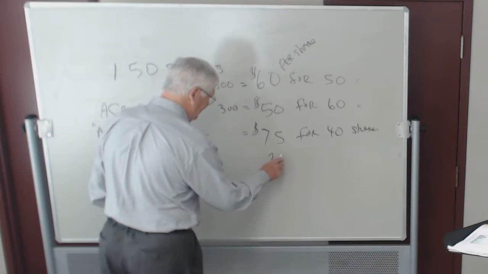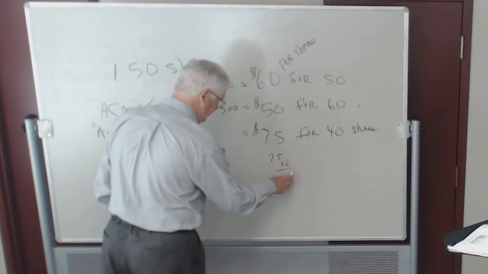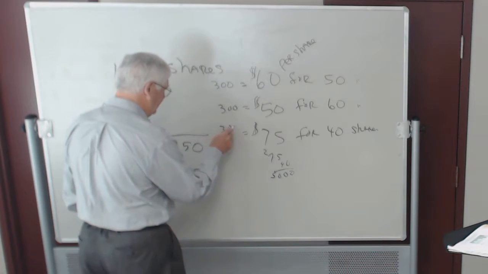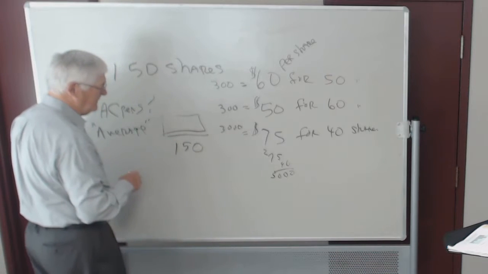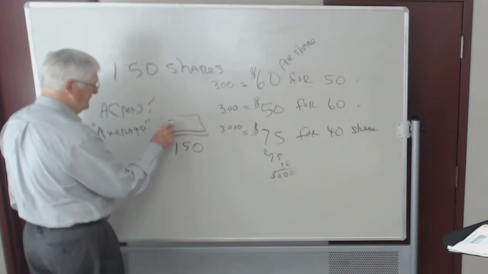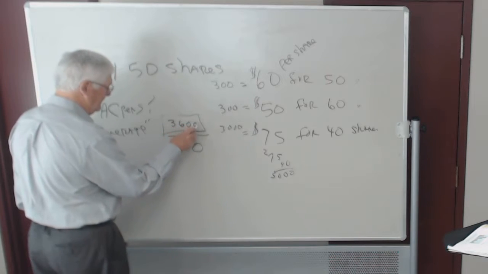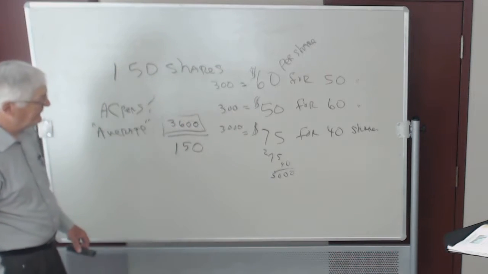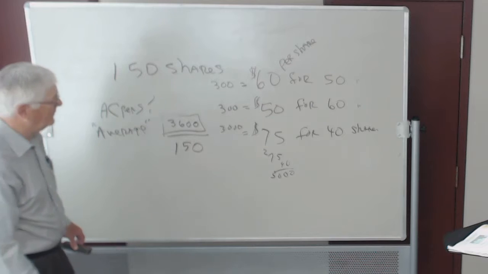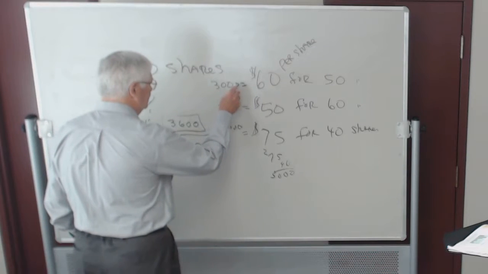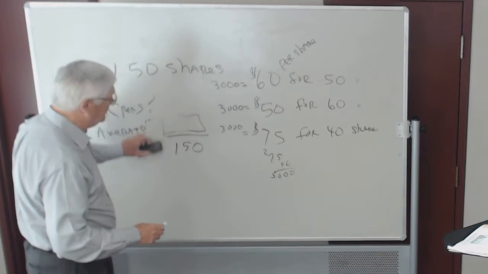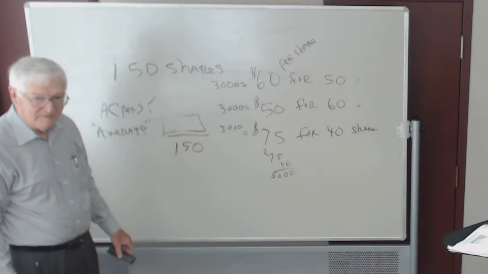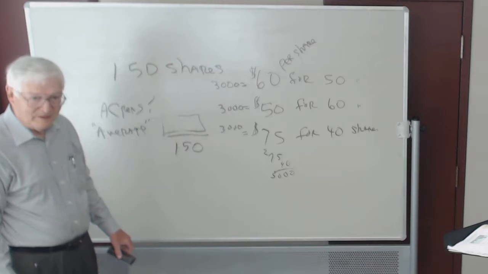Well, that's 75 and 40. Yeah, 3,000. So what number goes up here? 3,600. Is that right? Oh no. This is 3,000. This is 3,000. I left a zero off doing it in my head.